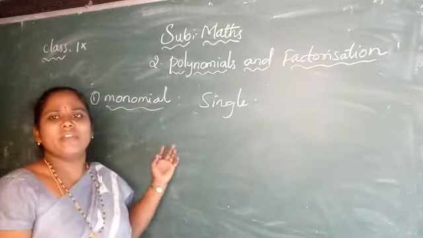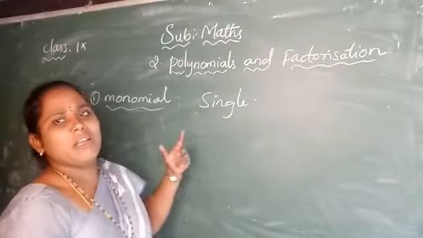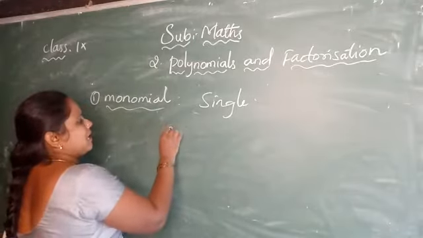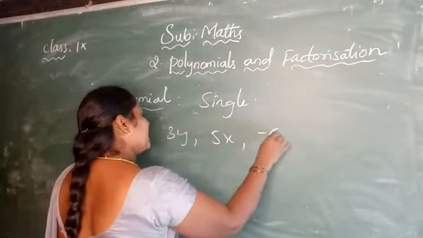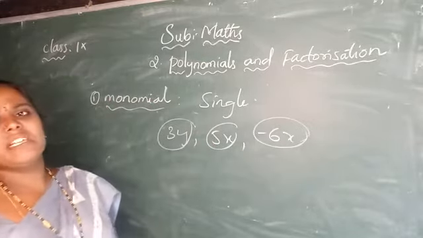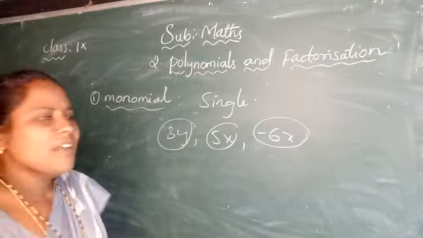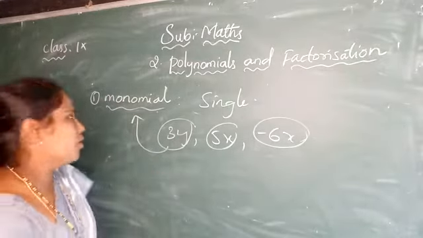Example, 3y, 5x, minus 6x. So if an expression has only one term, we call it a monomial.